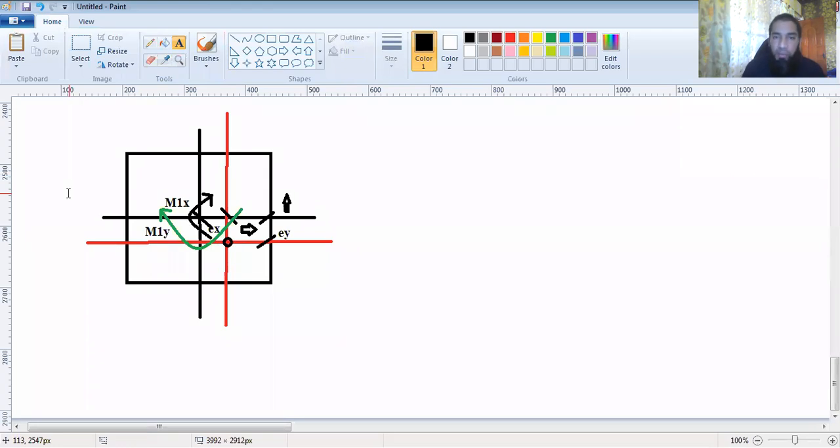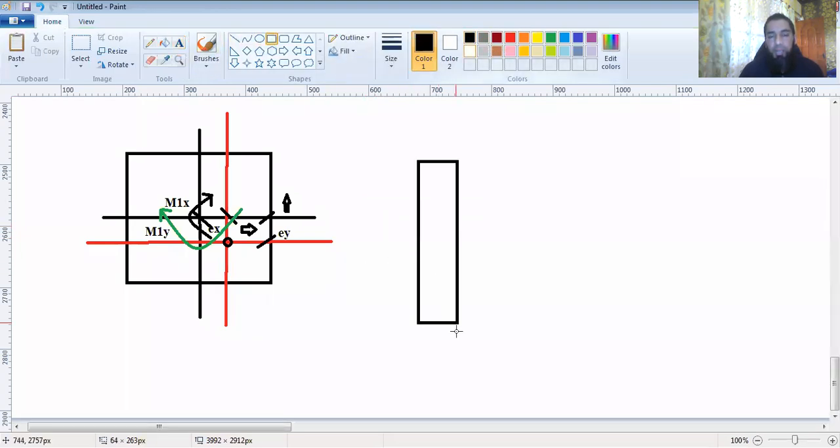I'm telling you that this is along, not about, along x-axis you have M1x and about y-axis. So there are two types of moments here.